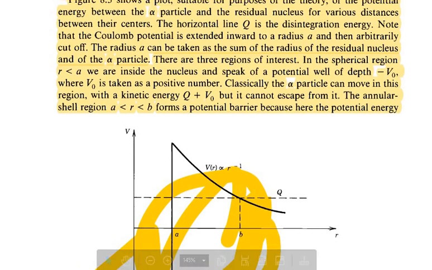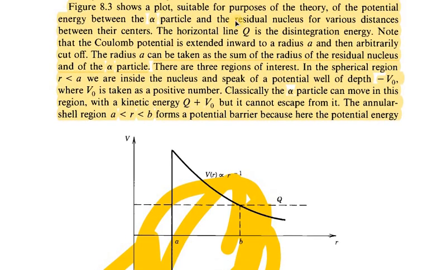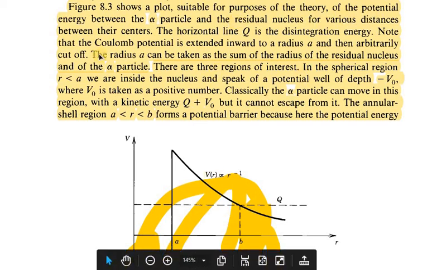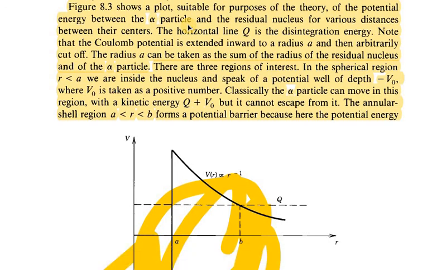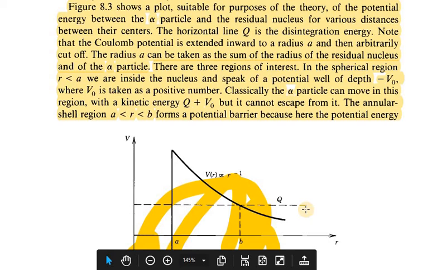Okay. From the figure, the potential energy shows the potential energy between the alpha particle and the residual nucleus for various distances between their centers. Horizontal line Q is the disintegration energy. Note that the Coulomb potential is extended inward to a radius A and then arbitrarily cut off.